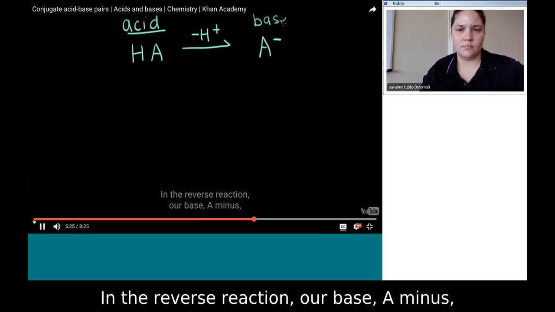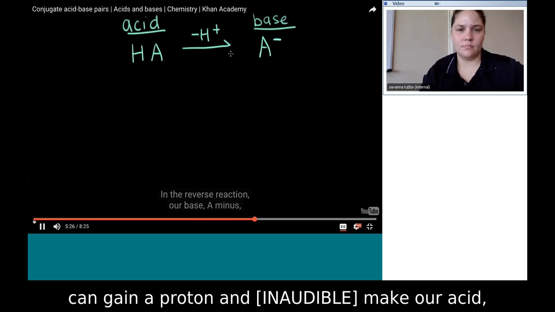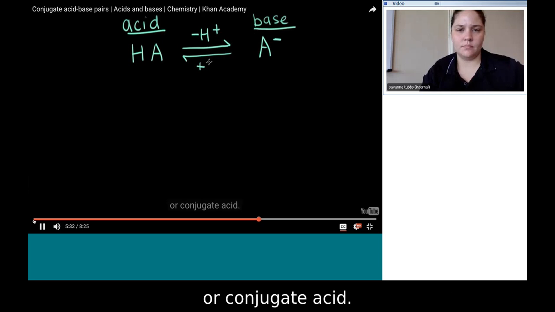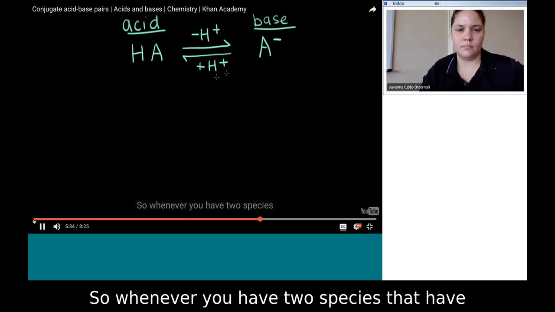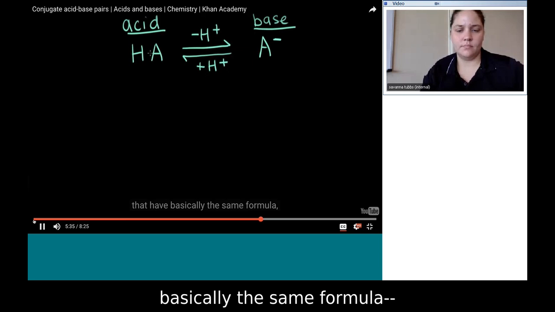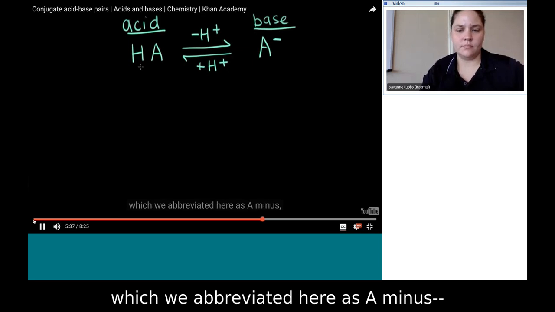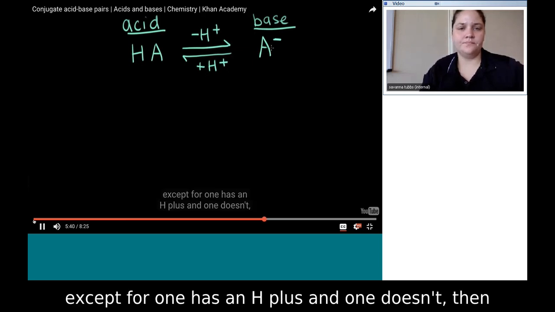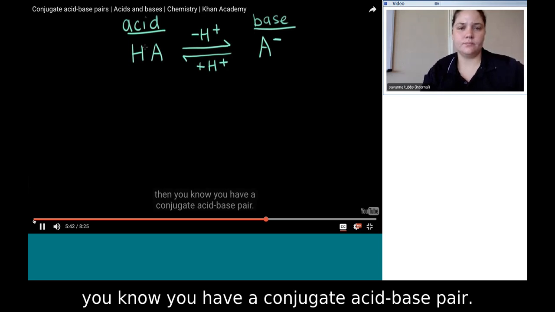In the reverse reaction, our base, A minus, can gain a proton and remake our acid, or conjugate acid. So whenever you have two species that have basically the same formula, abbreviated here as A minus, except that one has an H plus and one doesn't, then you know you have a conjugate acid-base pair.